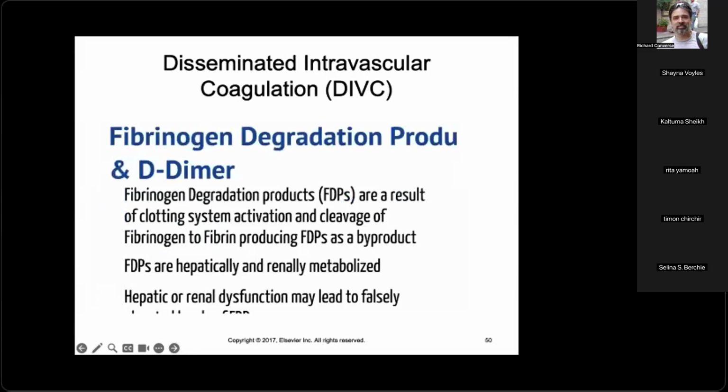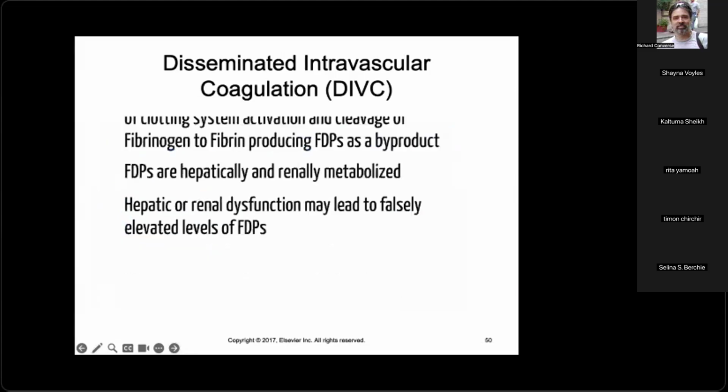The reason we measure them in DIC is that if the body is activating the clotting system at a very rapid rate, fibrinogen becomes converted to fibrin very quickly, producing a lot of fibrinogen degradation products. So if the FDPs are high, we can infer that the clotting system is undergoing a massive activation.